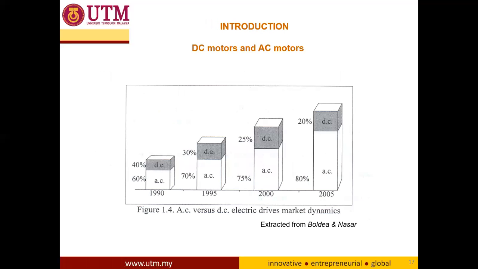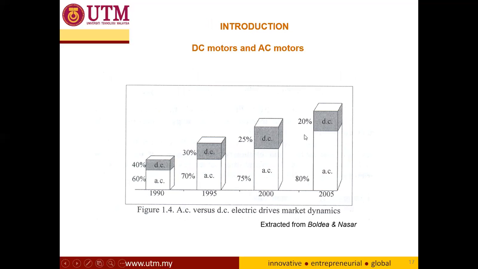However, as you can see here, during the 1990s the popularity of the DC motor was around 40%, but when we get to 2005, you can see the AC drive is much more popular.